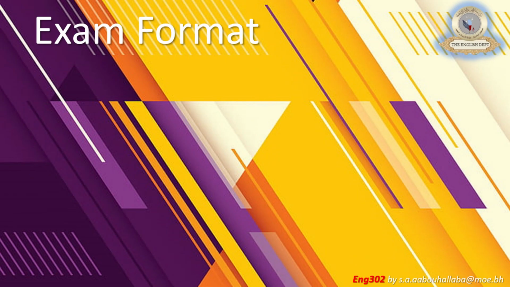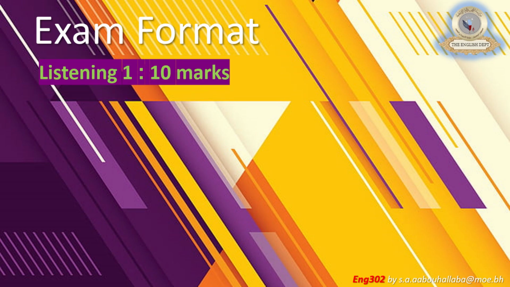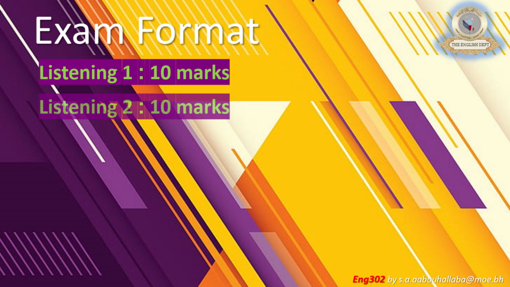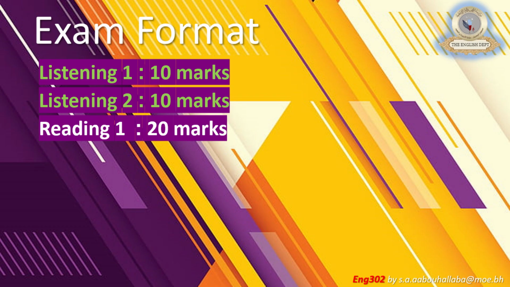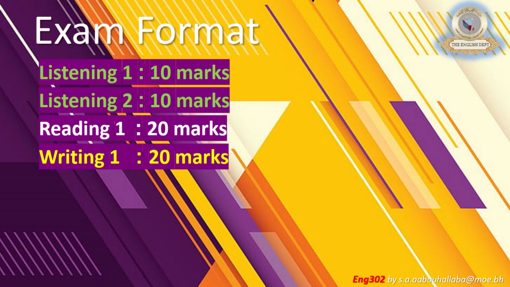Next, let's look at the exam format. Our exam is made up of 4 questions. Question 1 is going to be listening, and there are 10 marks for this. The second one is also listening and another 10 marks. The reading comes next, and this one has 20 marks. And finally, the writing is going to be also 20 marks.